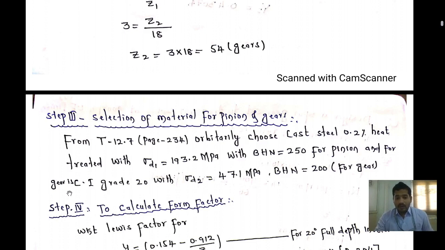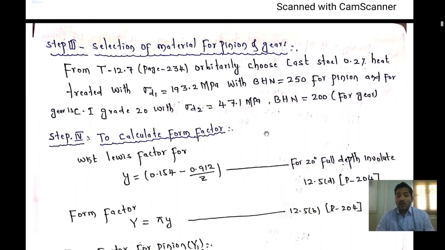For the gear we have to select CI grade 20. This means the static strength for the gear is sigma d2 equal to 47.1 megapascal, and the Brinell hardness should be 200 for the gear.